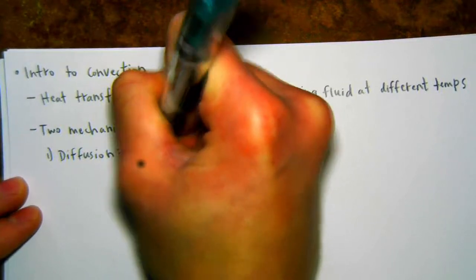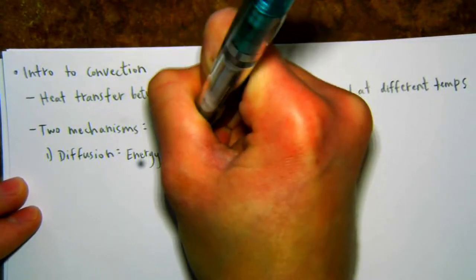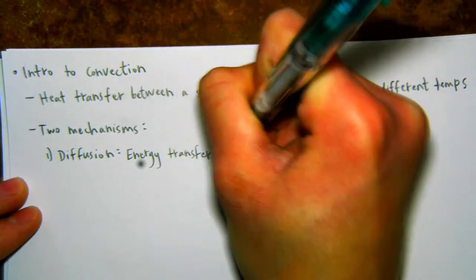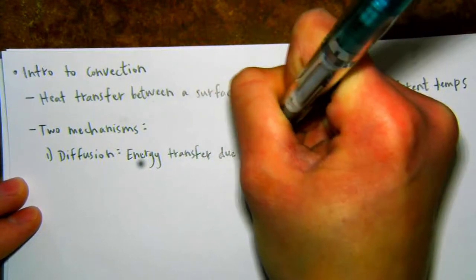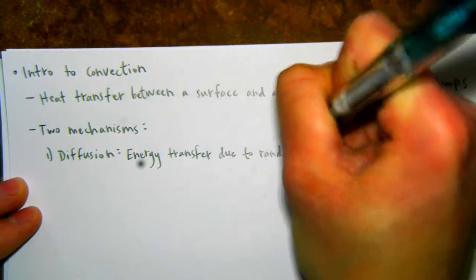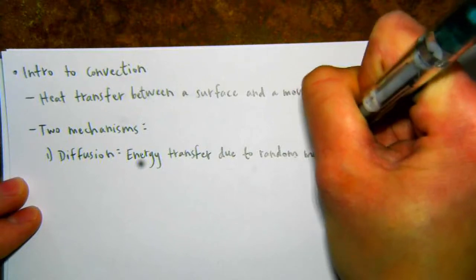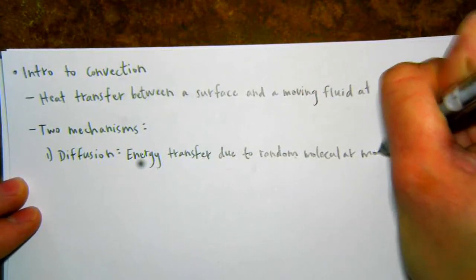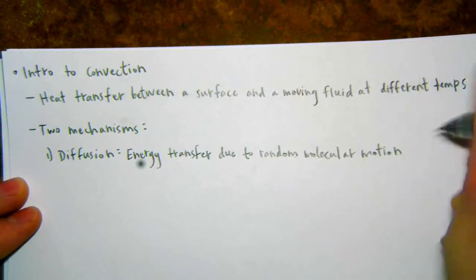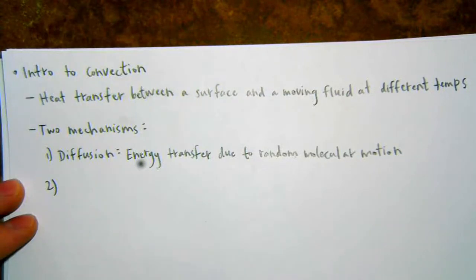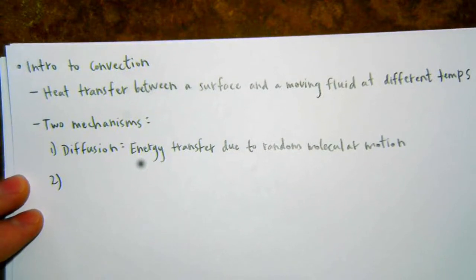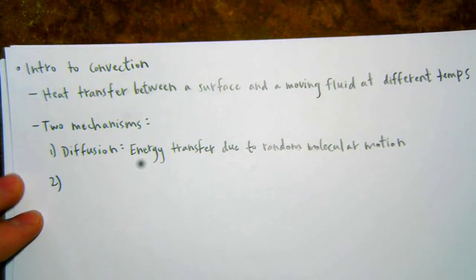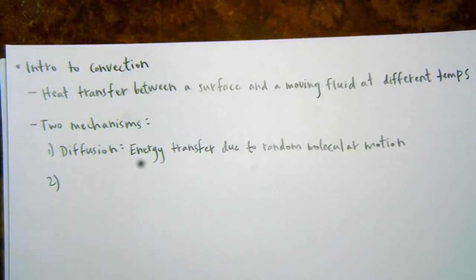So that's the energy transfer due to random molecular motion. And then on top of that, we have advection, which we've already talked about in the context of mass flowing in and out of an open system.